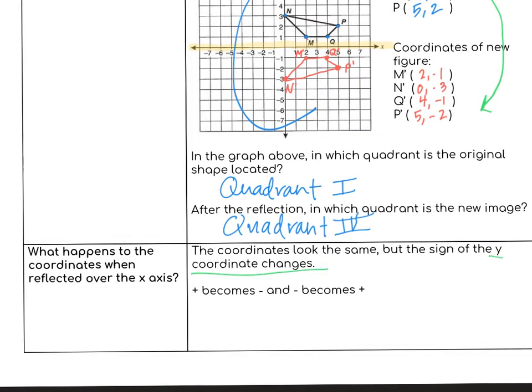Okay, so if the y coordinate was originally a positive, it became a negative, and if it was originally a negative, it became a positive. The only exception is zeros. So when we reflect it over the x-axis, and if the y is a 0, then it will just stay a 0 in the reflection.